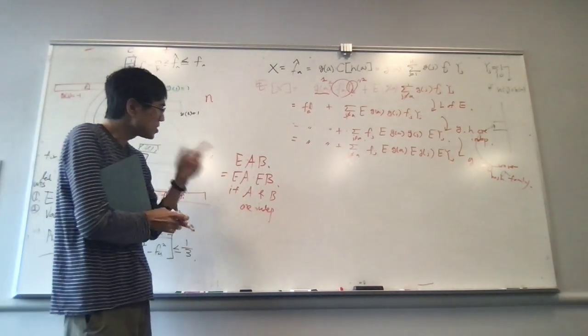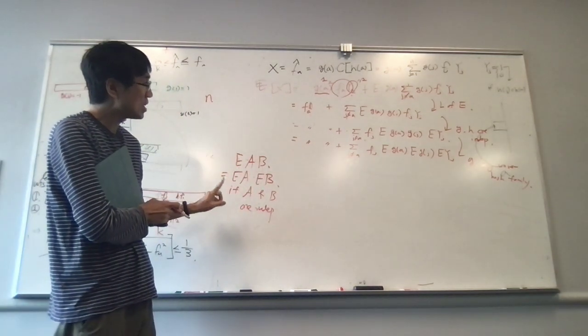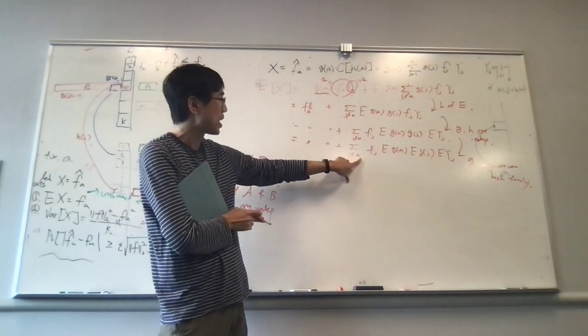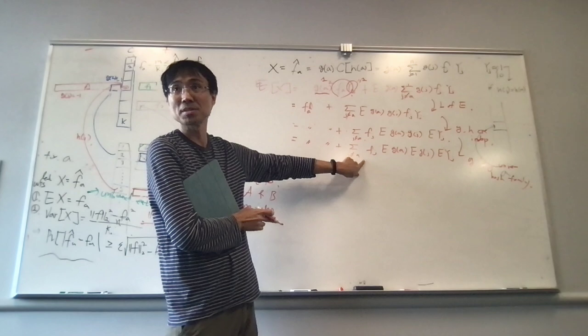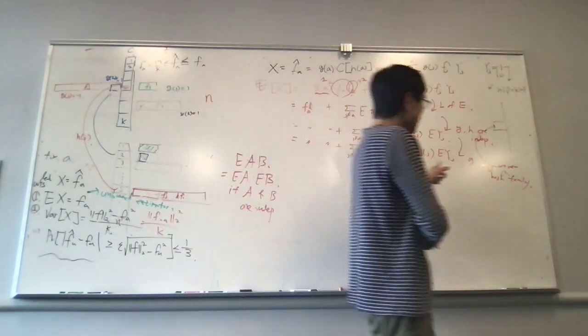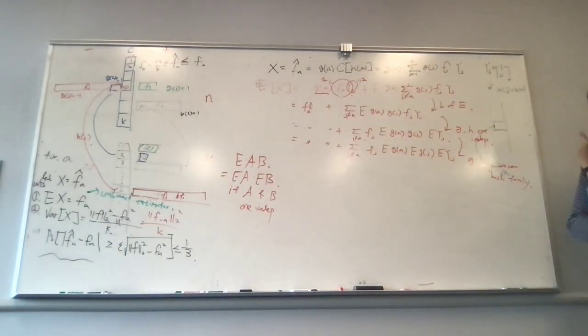We only need this independence between any pair of two distinct elements. This is what is guaranteed by a two universal hash family.